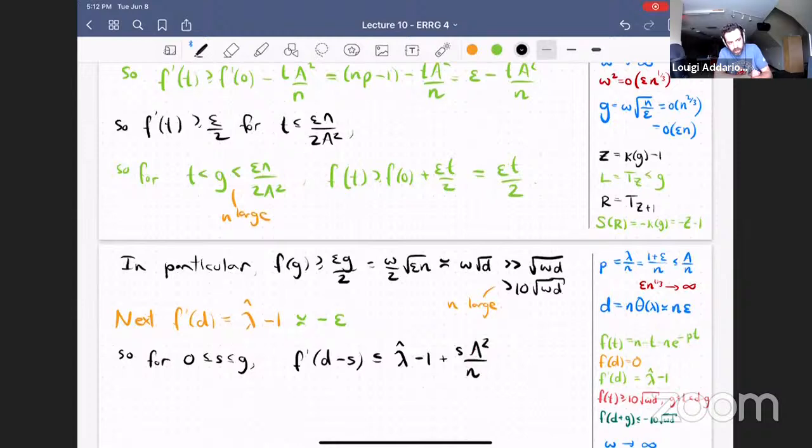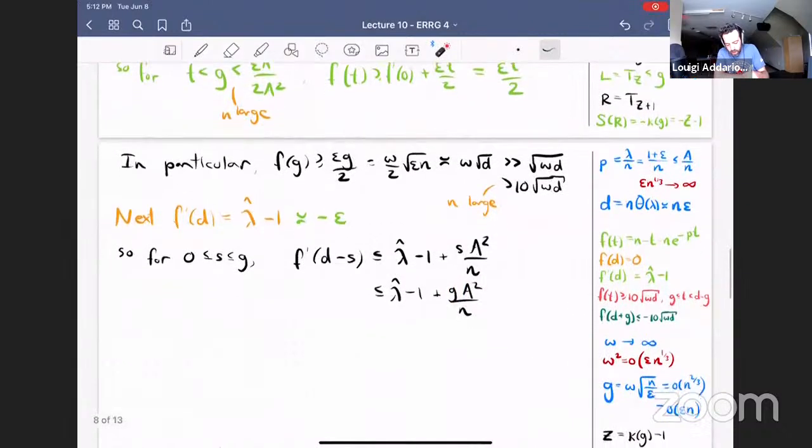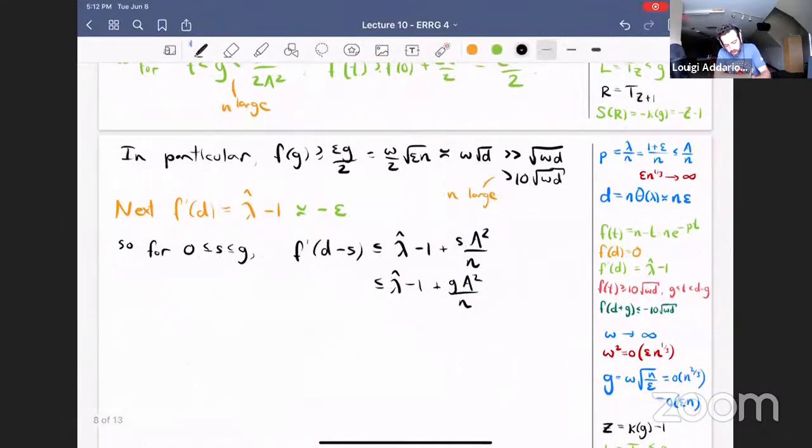Okay, so that's at most lambda hat minus 1 plus g a squared on n, and now g is little o of epsilon n, and so g on n is little o of epsilon. So this term is of order epsilon, and this term is little o of epsilon. Okay, and so the whole thing is on the order of minus epsilon.